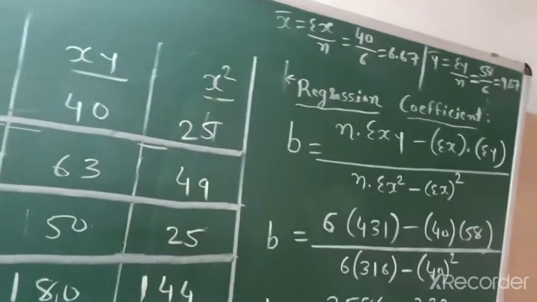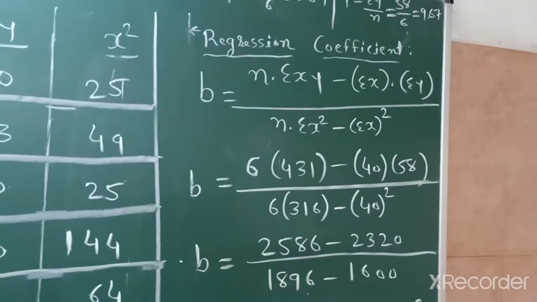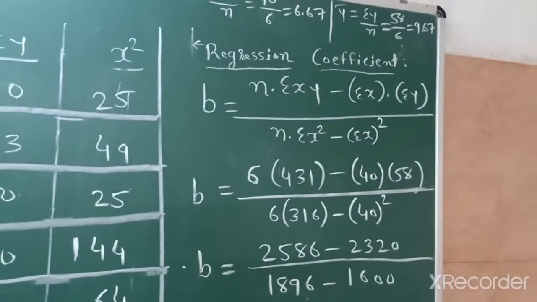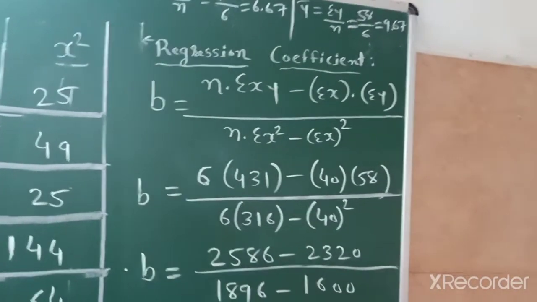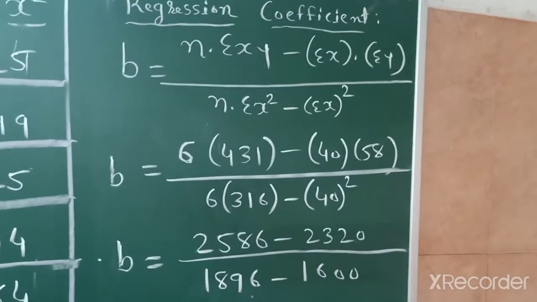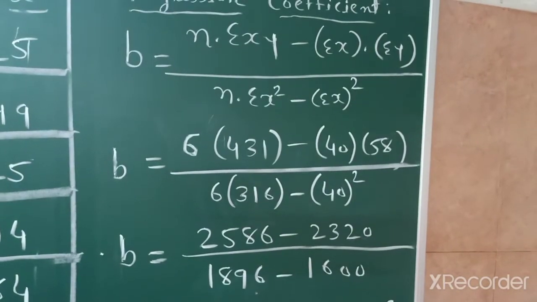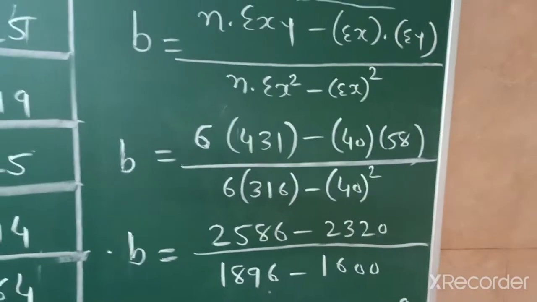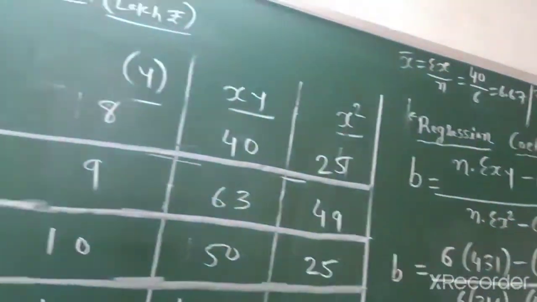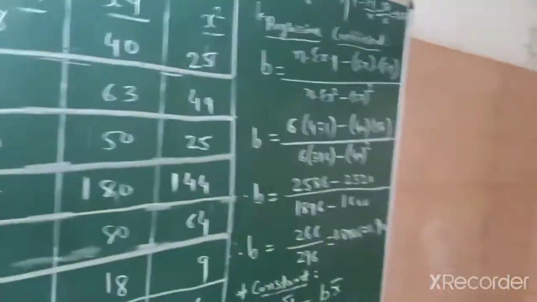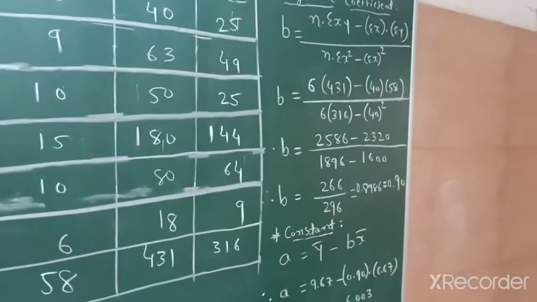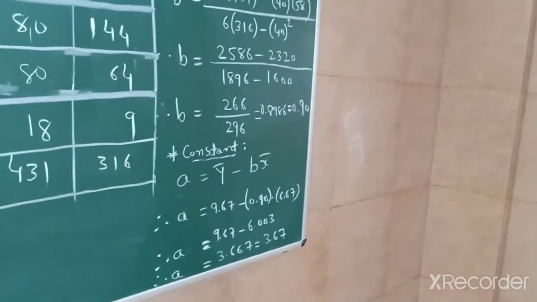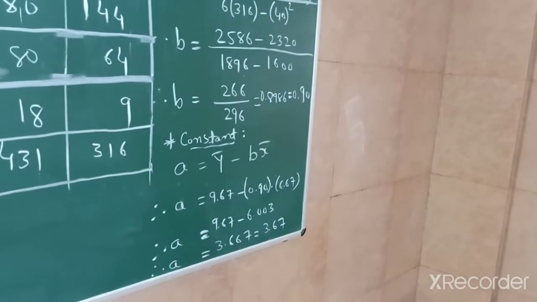After finding X bar and Y bar, our first step is to find the regression coefficient, that is B, n sigma xy minus sigma x into sigma y upon n sigma x square minus sigma x, the whole square. Then we find the constant A, that is y bar minus b x bar, here it is.